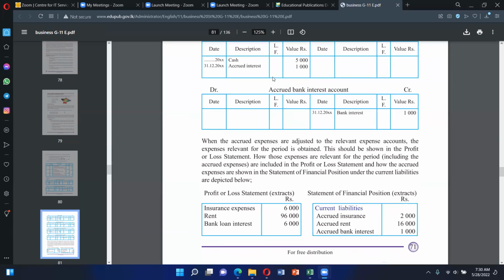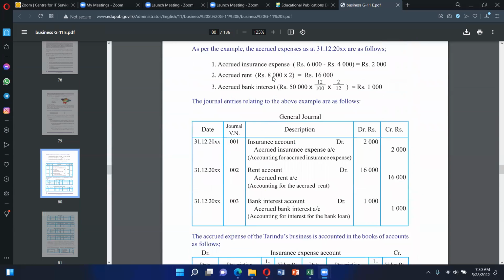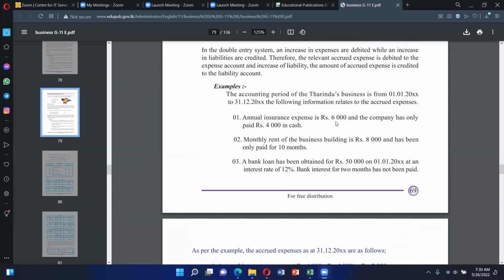Right. The overall position. In your profit and loss, you need to recognize the entire expense. Profit and loss total expense: 6,000 here, 96,000 here, and this 50,000 into 12% gives 6,000 here.